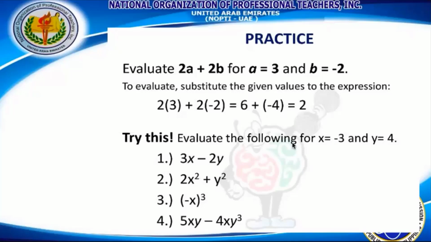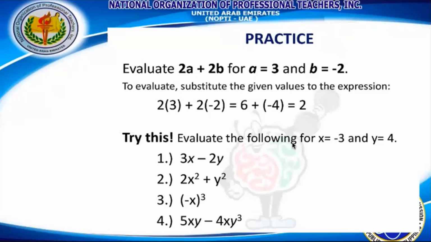2x squared plus y squared. So, ibig sabihin, exponent, you multiply the number by itself. Depende kung ilan. Kung 3 ang exponent niya, 3 times by itself. Kung 2, 2 times. What if we have 2x squared plus y squared? If x is negative 3 and y is positive 4.